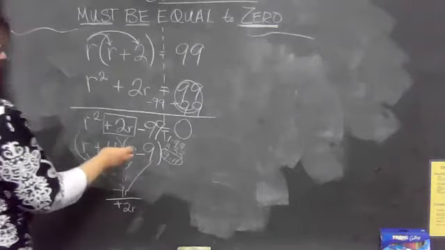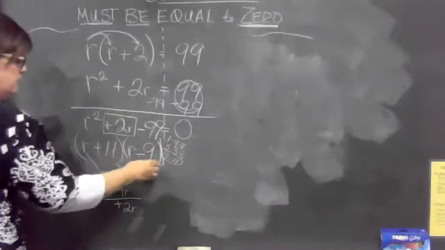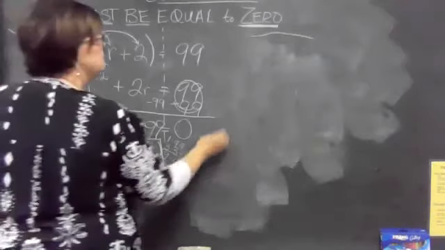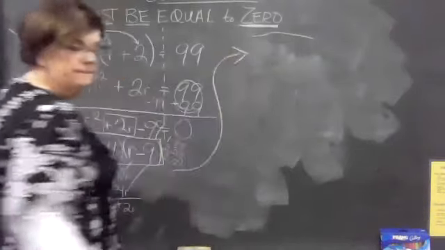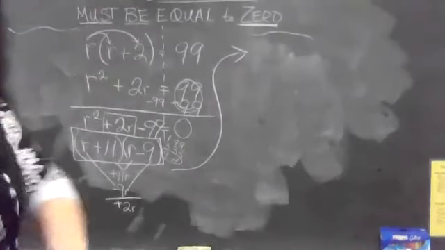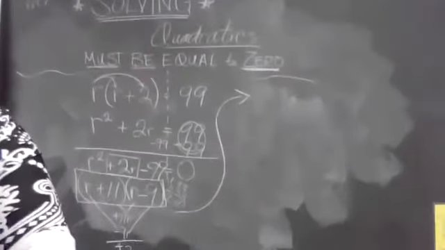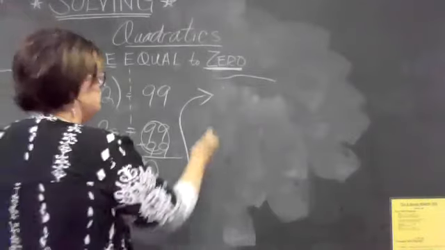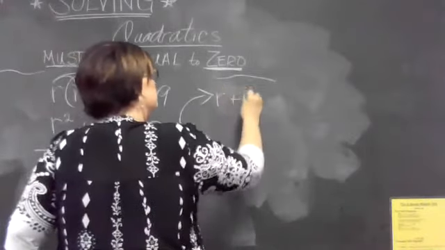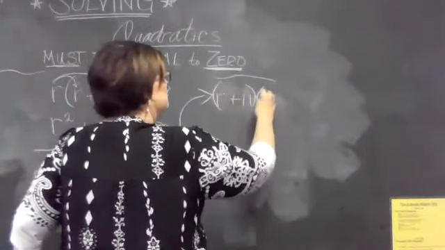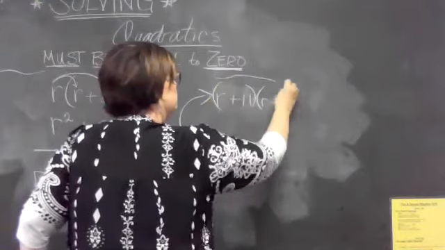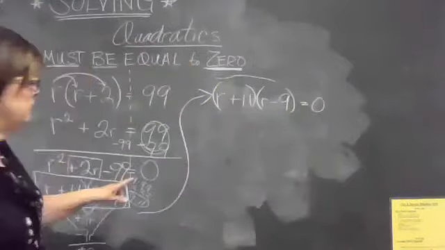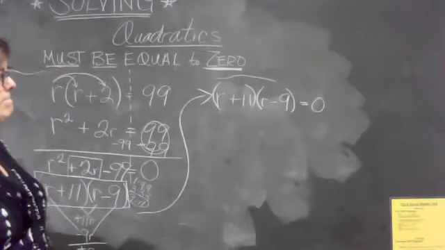So what I'm going to do is take my actual answer and just move it up here. Now I'm at the point where I have my factored information. It is equal to 0 because we made that happen.